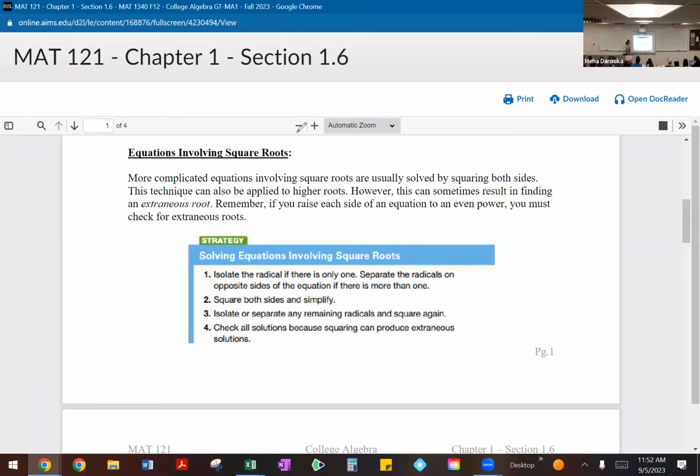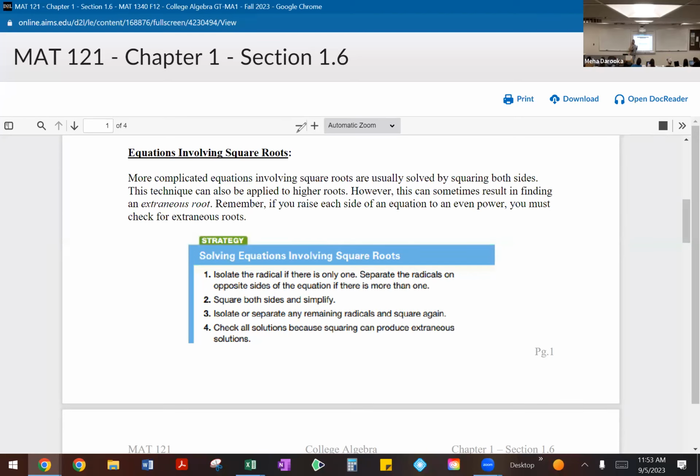We're working with square roots here, and to get rid of the square root, we of course have to use a square, because they are opposite inverse operations, so the square will cancel out the square root. But the moment we bring that square into play, you end up with extraneous roots, which means you're going to have an extra answer that will not satisfy the original equation.